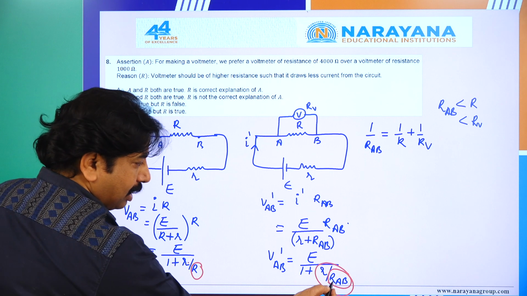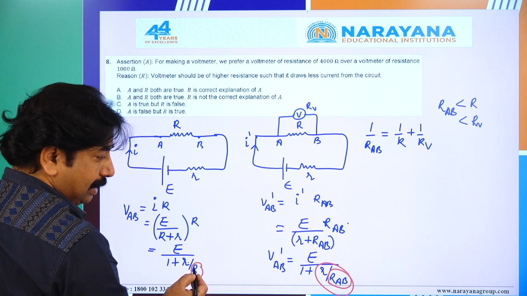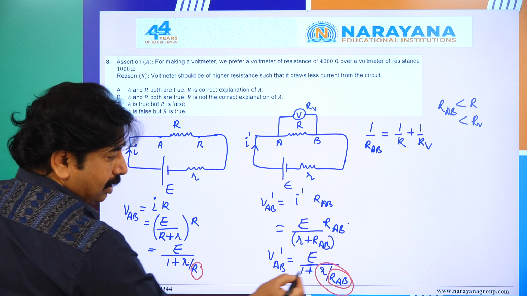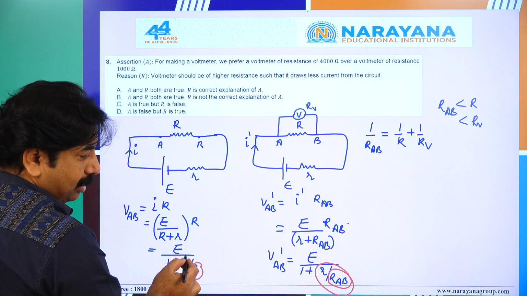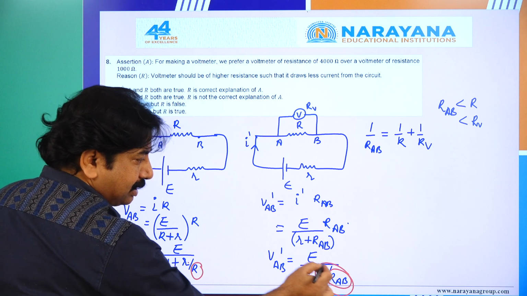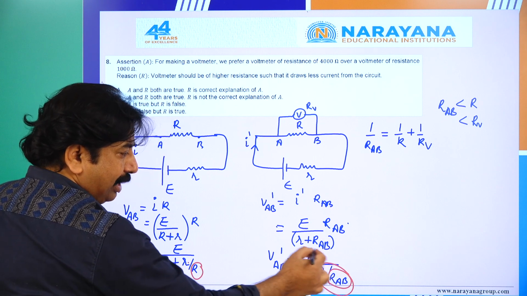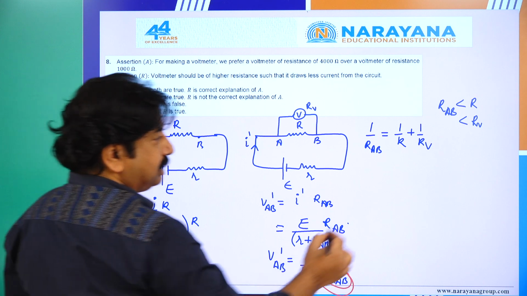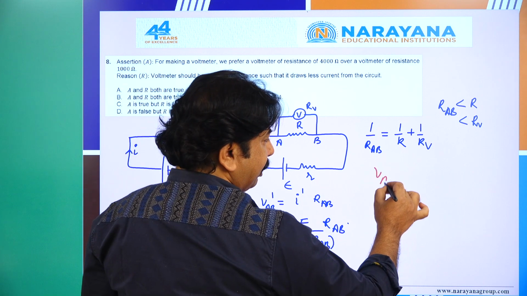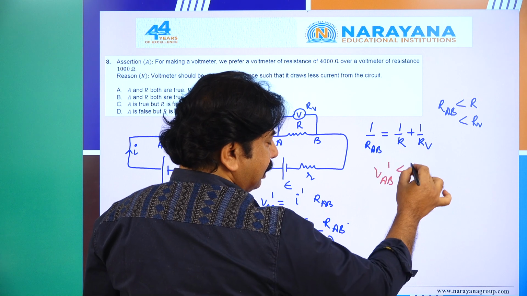Once again, RAB is less than R, R by RAB greater than R by R, the total denominator is greater, so the total value is less. Means we can say VAB dash is less than VAB.